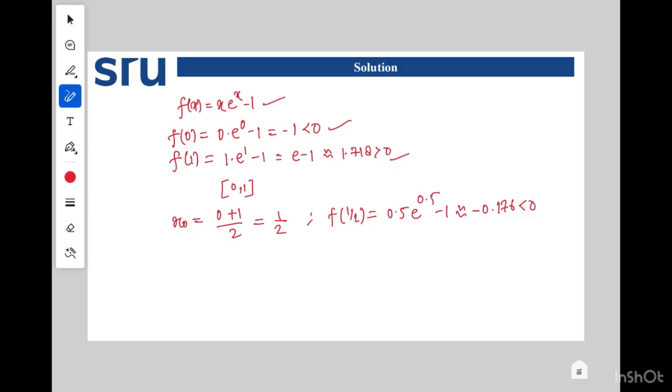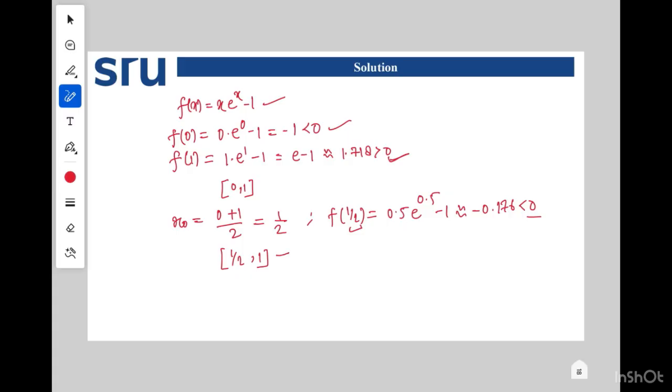At 0.5 the function value is negative, and at 1 it is positive, so the next interval will be 1 by 2 and 1.